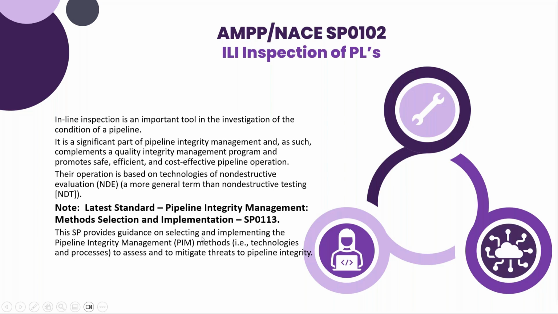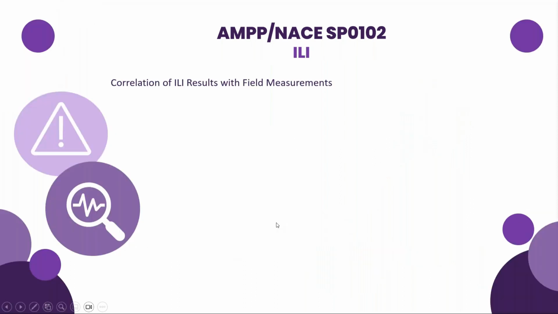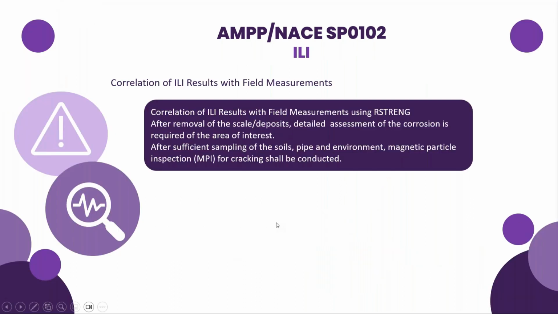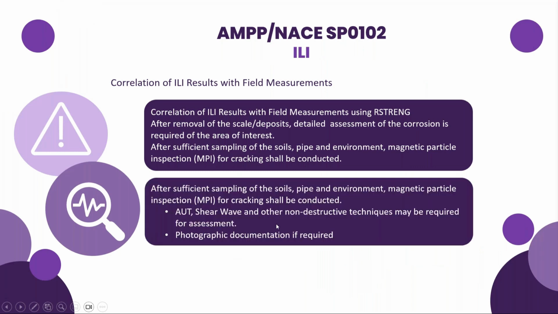This SP provides the guidance for selecting and implementing your pipeline integrity management methods, technologies, and processes. So here's another tool in the toolbox to assess and mitigate threats to pipeline integrity. So we should take a look at this. These are the kind of things we need to be looking at. I'm going to strictly stick with these, the 1102 and the 0102. That's the month and the year it came out, in case anybody's wondering.